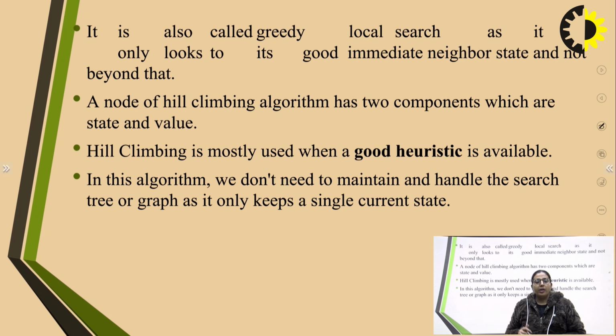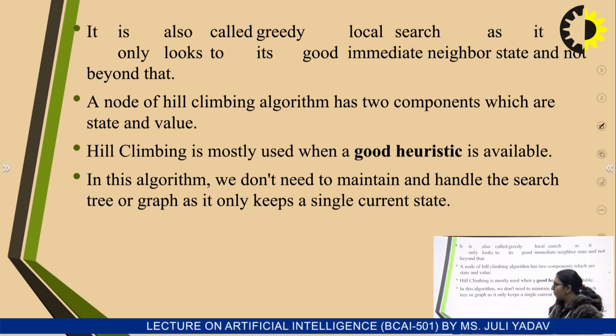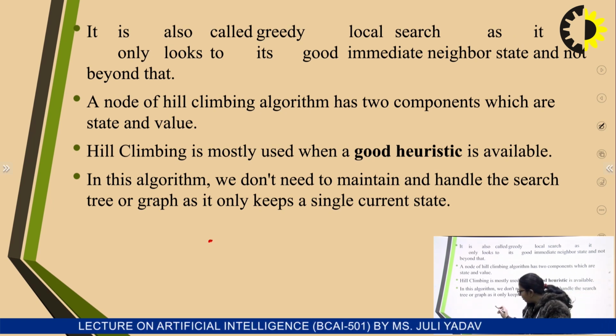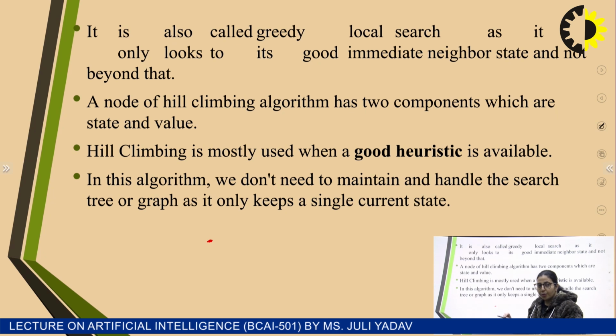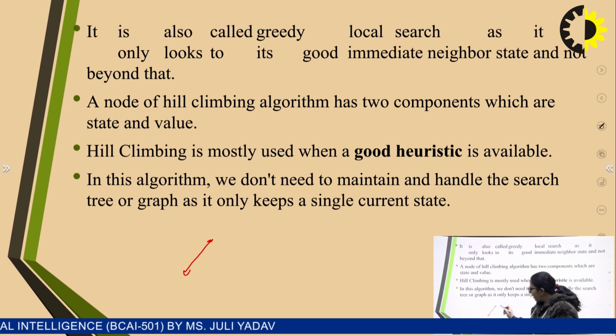We generally call this algorithm a local search algorithm, but sometimes we also call it a greedy local search algorithm. Why do we say it is greedy? Because it considers only the good immediate neighbor state, not beyond that. What does it mean? If this is the peak value, and beyond this all the values are lower and there is no other higher value, then this is the best or good solution.